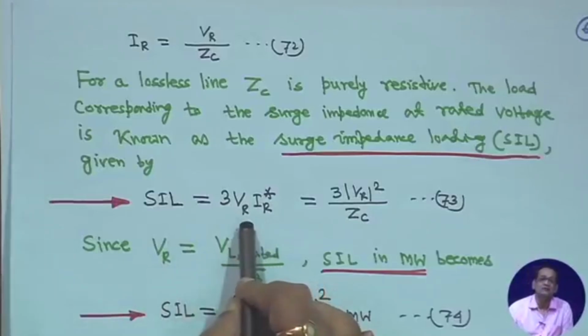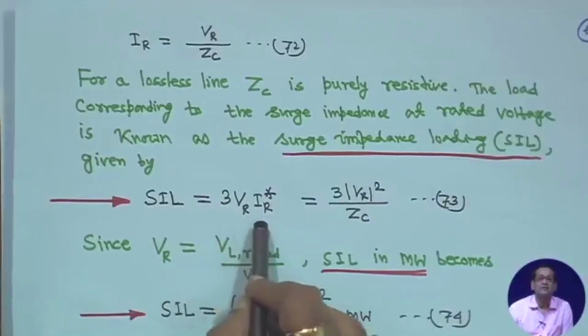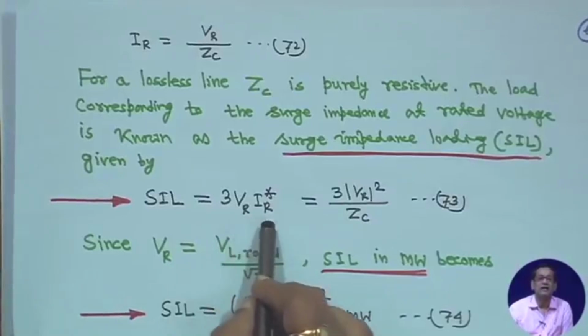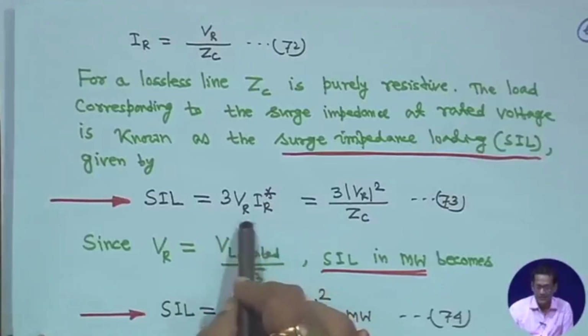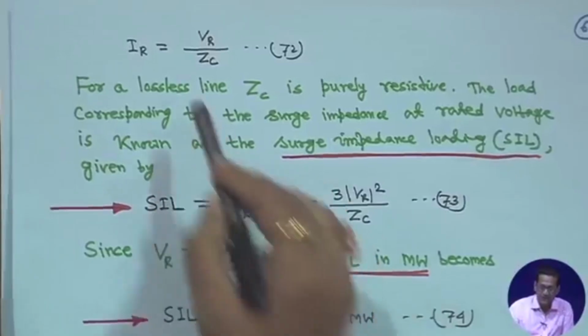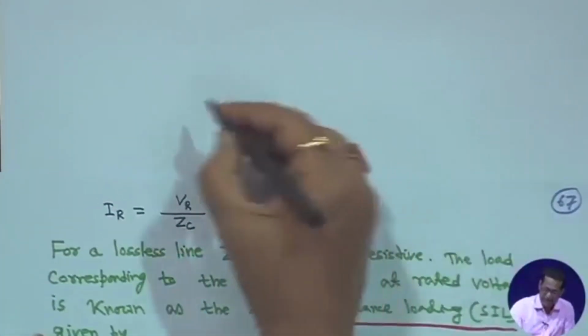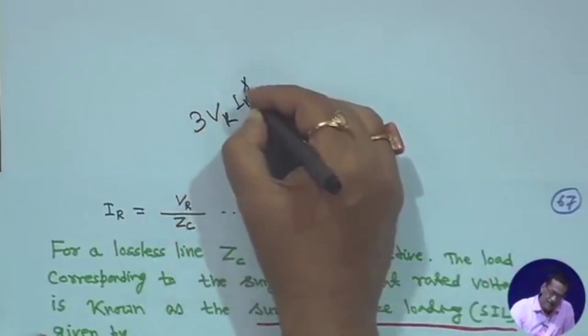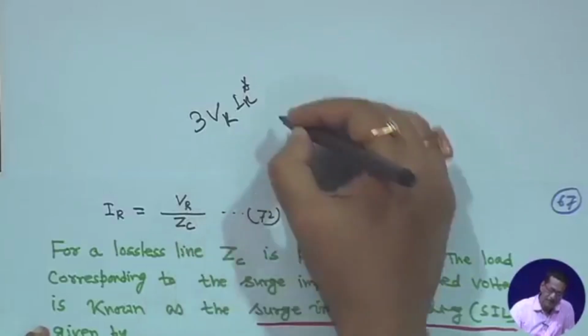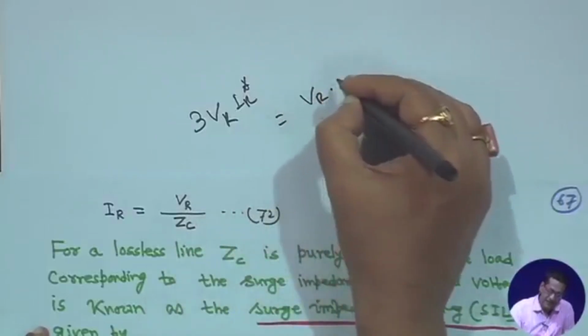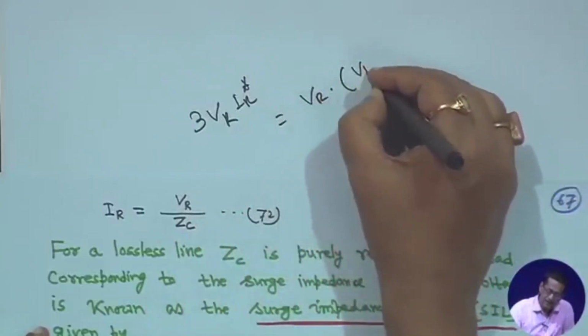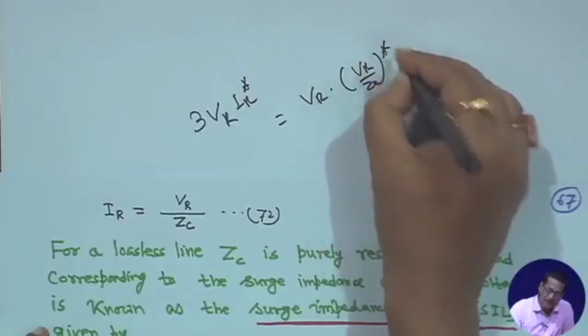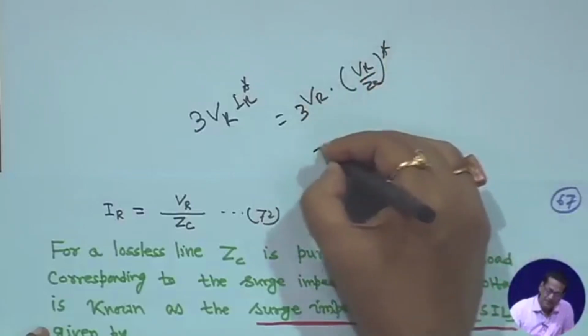This we have seen also, I have shown you separately how this VR IR conjugate comes. IR is equal to VR upon ZC, so it is 3 VR into VR upon ZC conjugate.